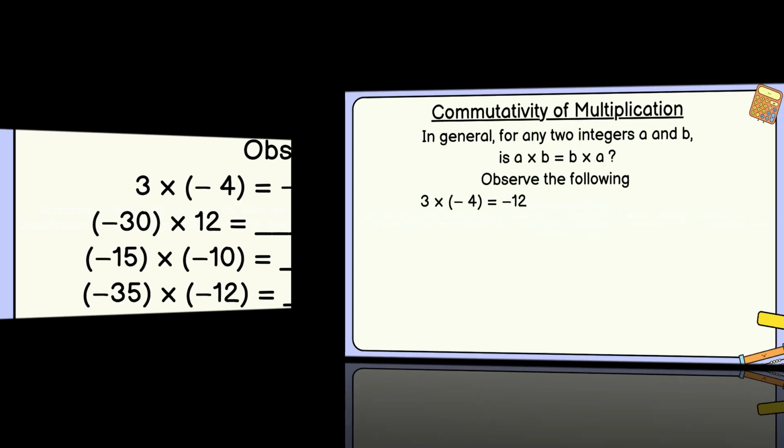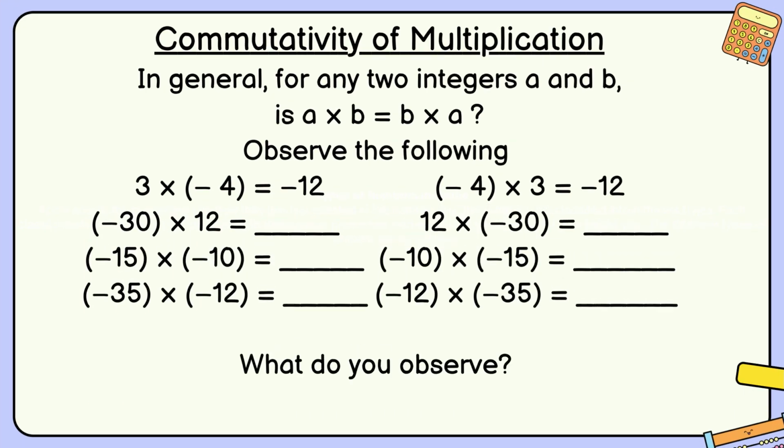Now we shall see the second property, that is commutativity of multiplication. In general, if any two integers a multiplied by b is equal to b multiplied by a, then those integers follow the commutative property of multiplication.